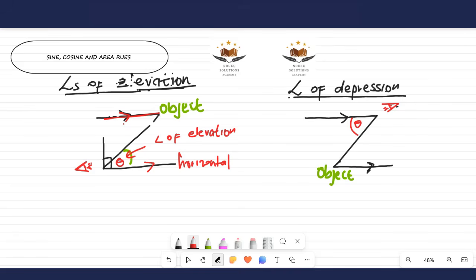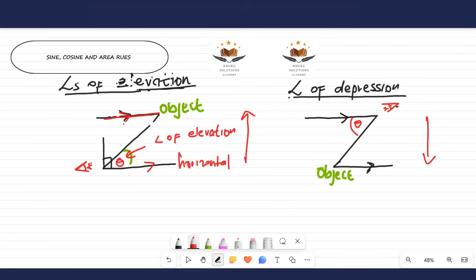By definition, the angle of depression is the angle between the horizontal line and the line of sight down to an object. This is up to an object, this is down to an object. That means you're looking down.